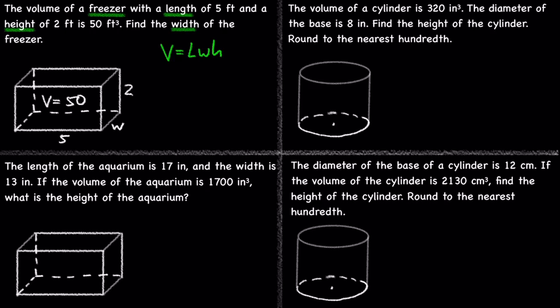The volume is 50. The length is 5. And the height is 2. 50 divided by 10 is 5. So the width is 5 feet.